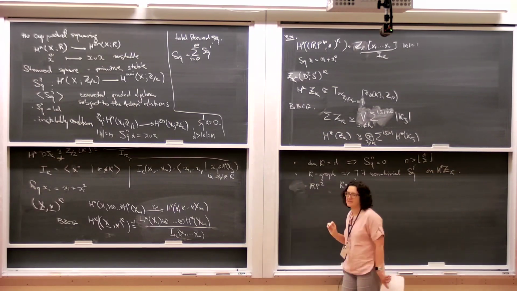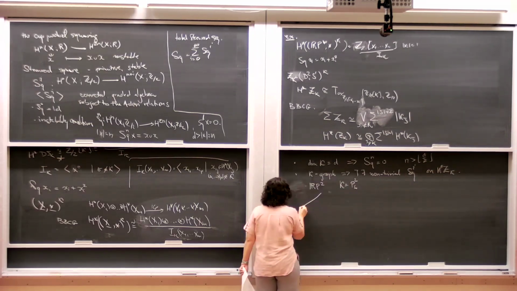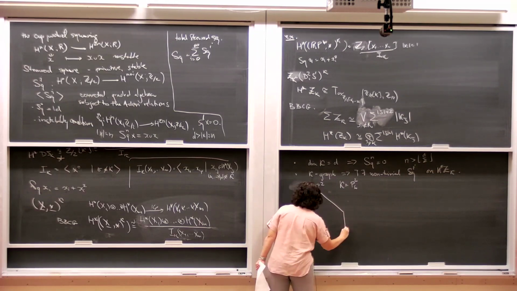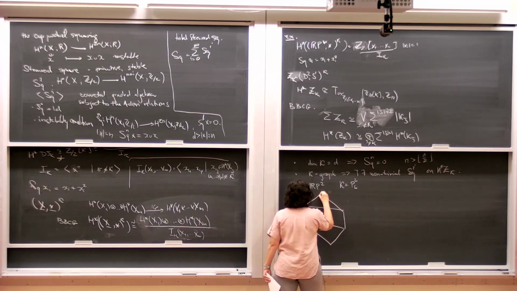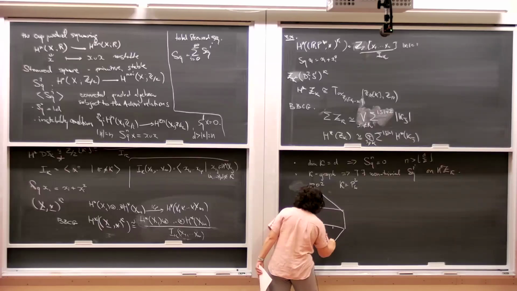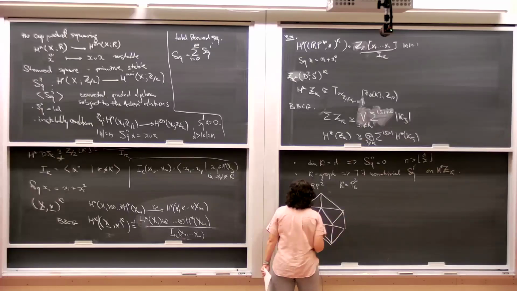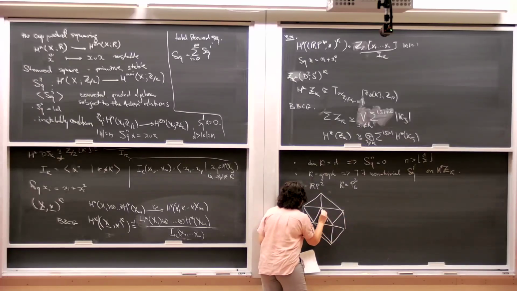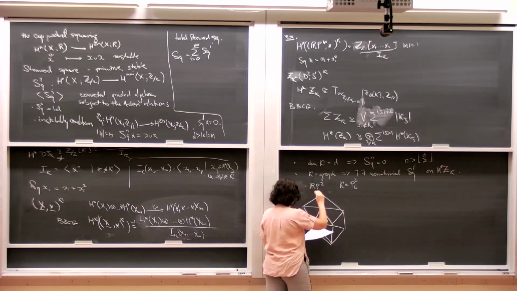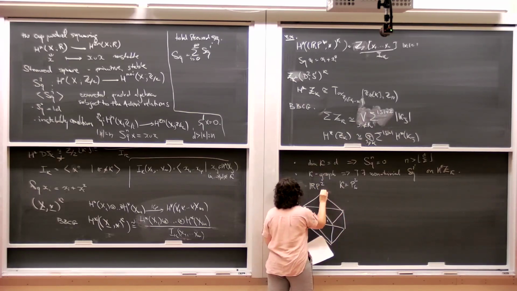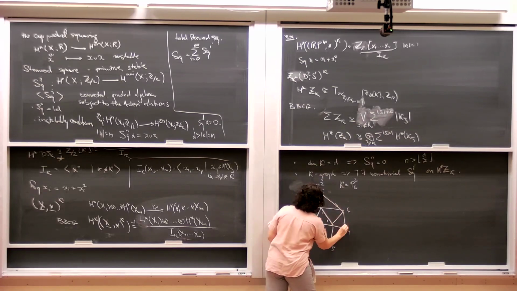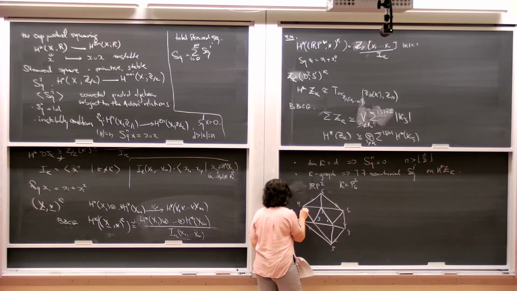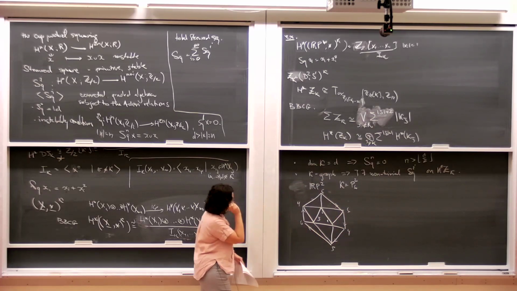I'll denote that as P_6^2. It's something like this: if I put 1, 2, 3, and then 4, 5, 6, 4, 5, 6, with this identification, as we usually put for the RP2 model.